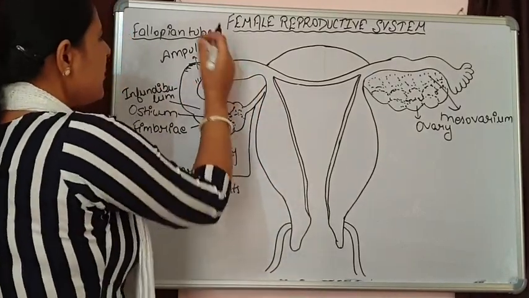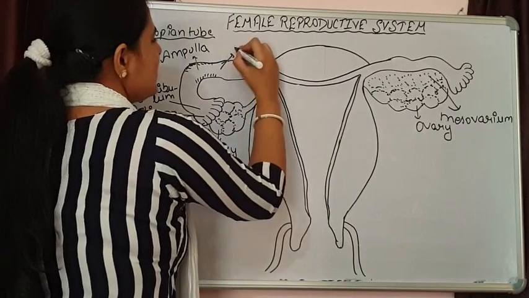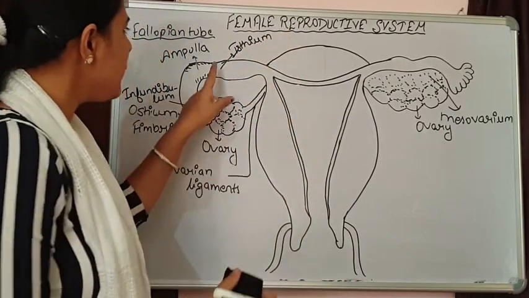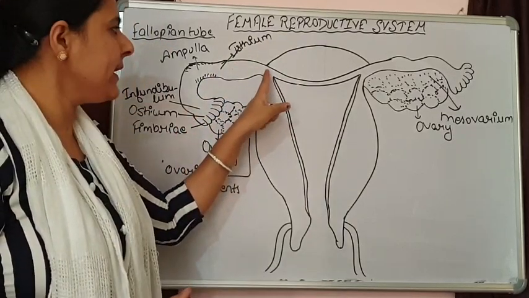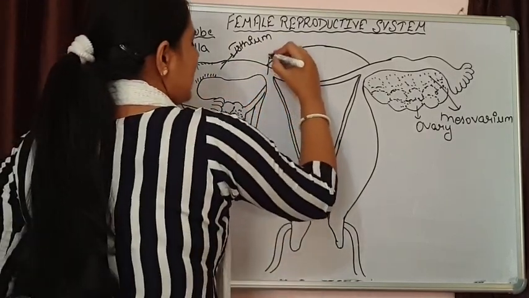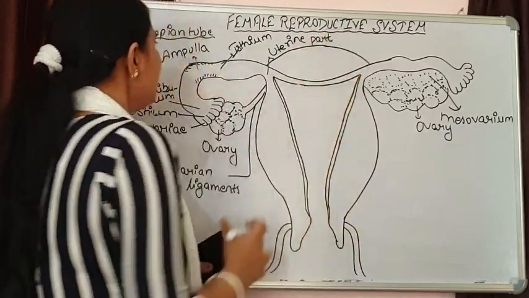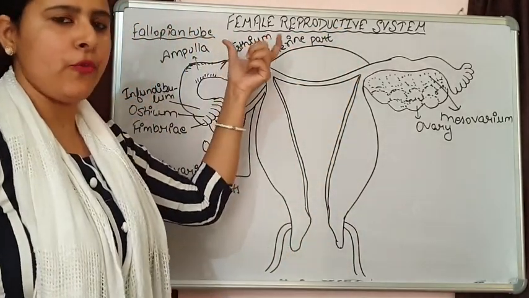The next structure of the fallopian tube is the isthmus. And the last part of the fallopian tube, which enters into the uterus, is known as the uterine part. So simply, the fallopian tube is made up of four parts.